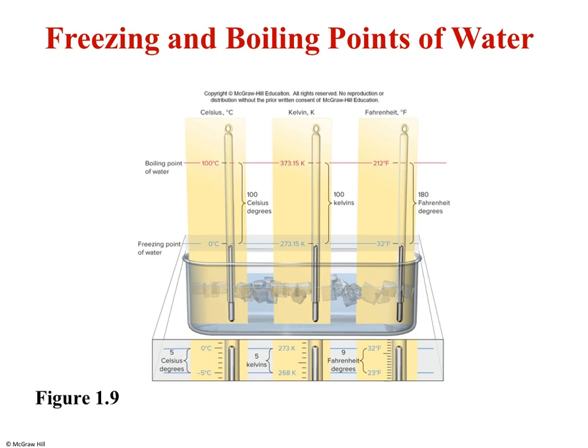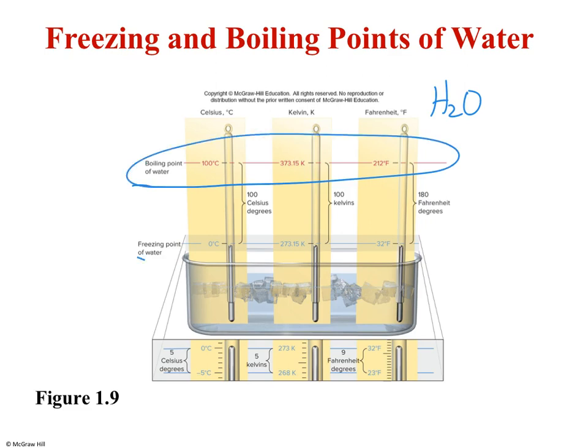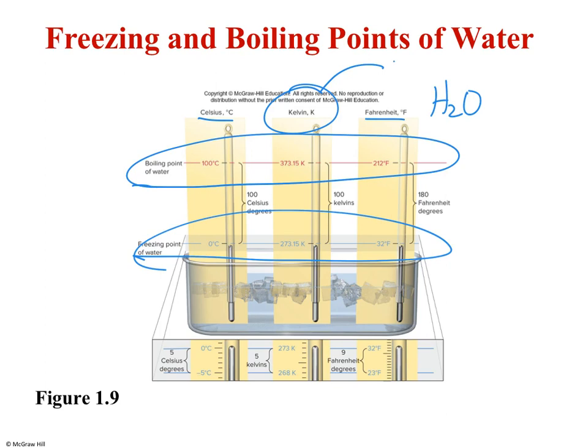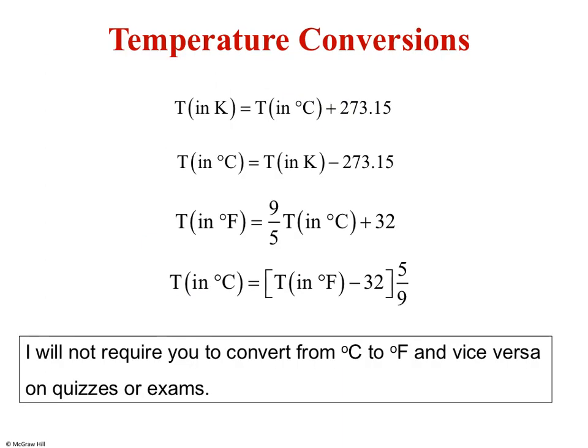So a lot of the temperature scales were set on water. So the boiling of water and then the freezing point of water. Now the problem with the Celsius and Fahrenheit is we need to have a positive numbers only scale, and that's where Kelvin came in, because some equations can't do a negative temperature. So there's your 273.15.